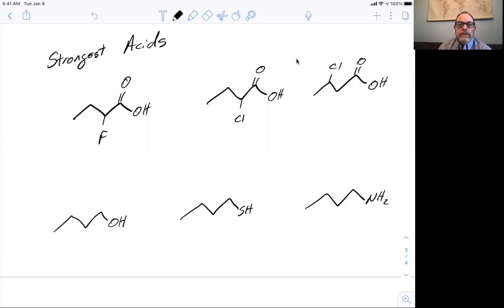Okay, so let's start with just these sets. Give me 1, 2, 3, with 1 being the strongest acid, 3 being the weakest acid. So rank these.